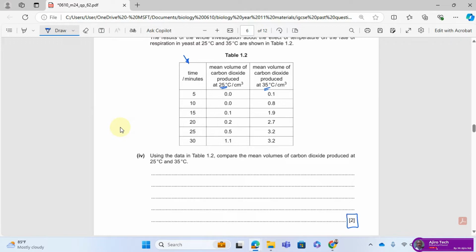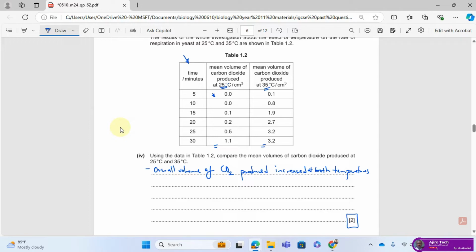We see that on the overall, the mean volume of carbon dioxide produced increased, both at 25 and at 35. So overall volume of carbon dioxide produced increased at both temperatures.